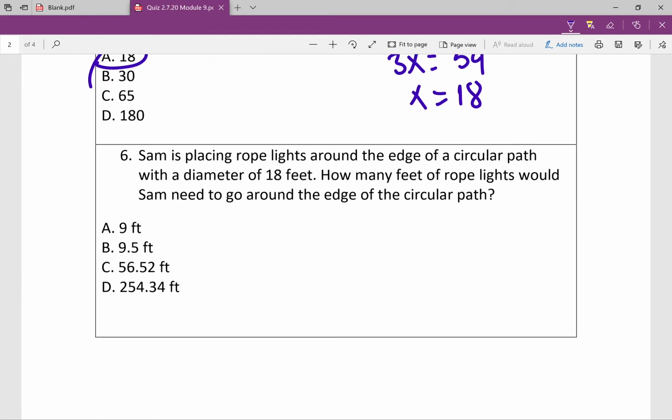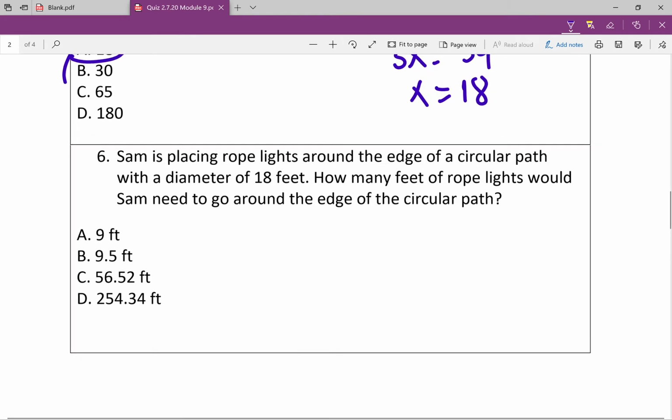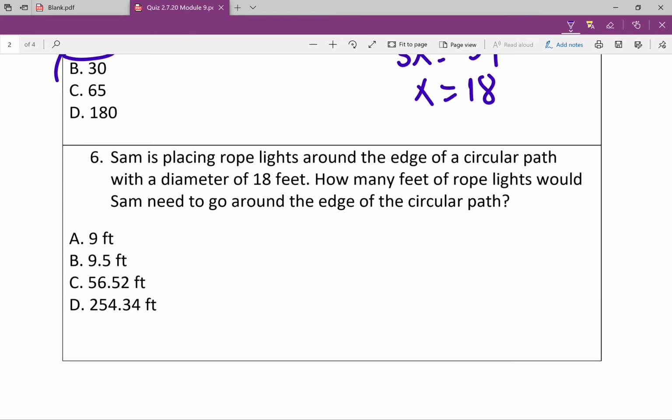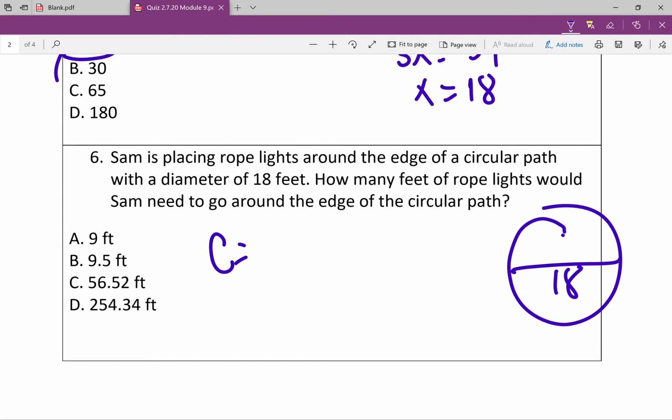Now, number 6. Sam is placing a rope of lights around the edge of a circular path with a diameter of 18. If I'm finding around the edge, I'm looking for the circumference. The circumference is just pi times diameter, which is 3.14 times 18. 3.14 times 18 gives me an answer of 56.52.